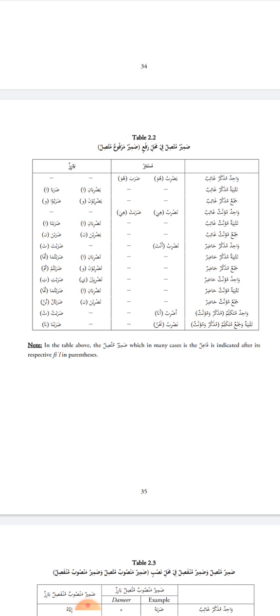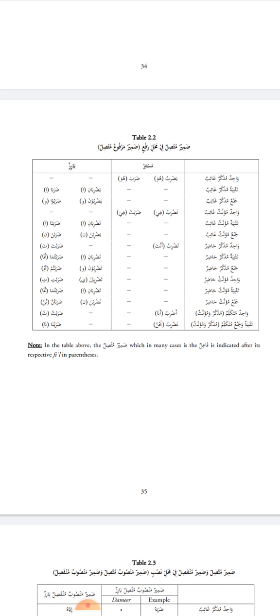Tadribina is used for wahid muannath hadir, singular feminine second person. Oh you female, you hit or you will hit. Here the damir baris is the ya, and the noon is i'rabi. Then you have tadribani, and then tadribna. Tadribani is siga tasniya muannath hadir, and tadribna is jam'a muannath hadir.